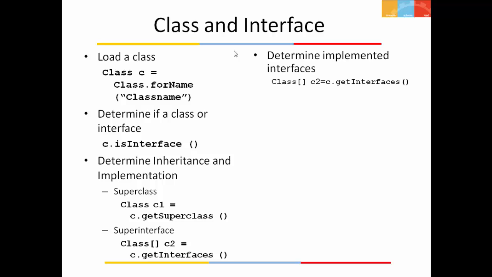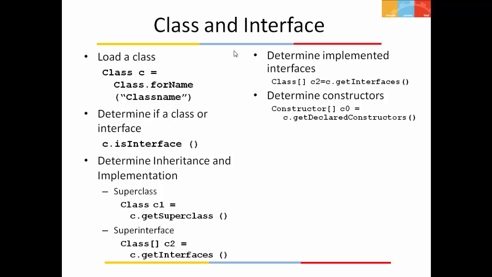Let's continue with that example. To determine the constructors of C, it can get a set of declared constructors as an array, and then it can pick one of them and use that constructor to create a new instance of a class.